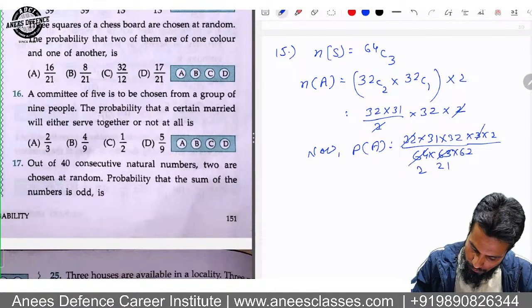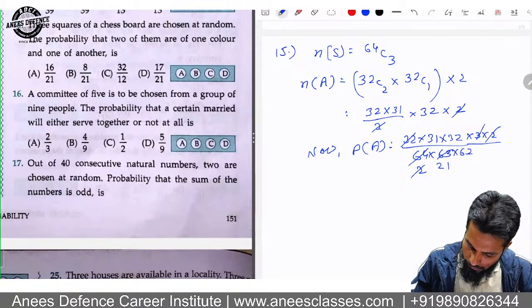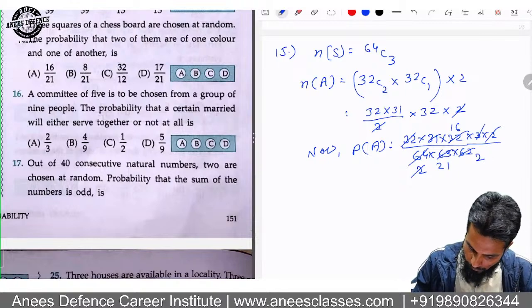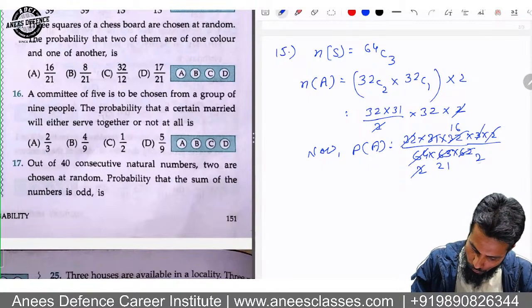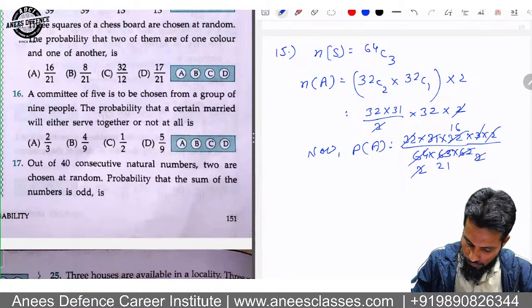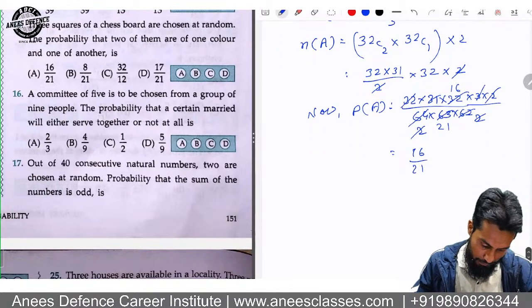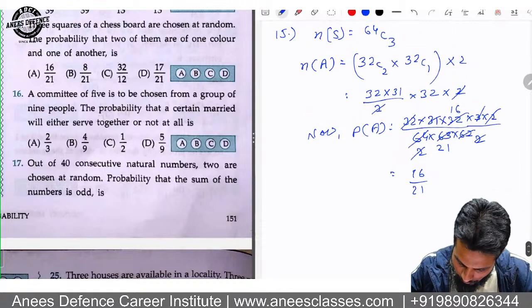This 21 is fine. With this 2, I can cancel this 2. Next, 2 times this is 16. Oh, 31 two times. Okay, fine. I have cancelled this 2 again. Then 2 is 16, that is also fine, no? Okay, 16 upon 21, got it now? 16 upon 21. See, option A. Understood, everyone?